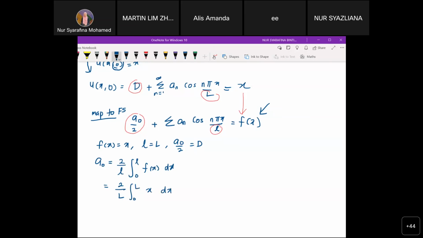Integrating this gives you L. Just integrate. Then a0 is L. a0 over 2 is D, right? So D equals L over 2. Then you have your D. Is that clear or not? Are we good?